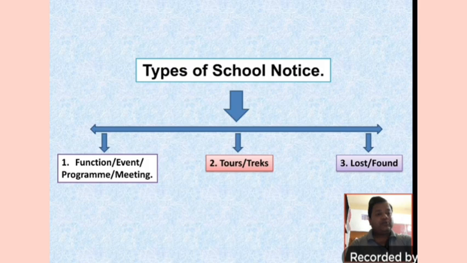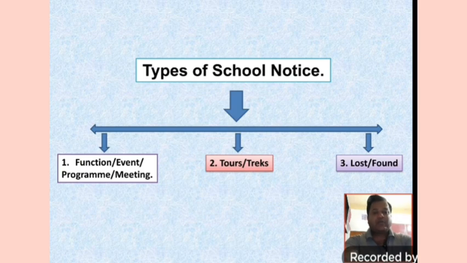So a notice may be drafted to inform the students and staff about the article that is lost or found. So we can categorize a school level notice into these 3 parts. One is function, event, program, or meeting. Second one, tours or treks. And the third one, lost or found articles.